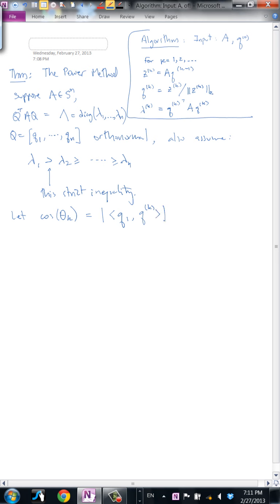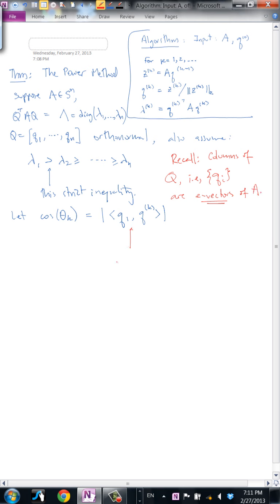So let's pause here for a second and let's recall, what is q1? So recall that given that Q diagonalizes A, the columns of Q, i.e. the vectors qi, are the eigenvectors of A. So what is this?